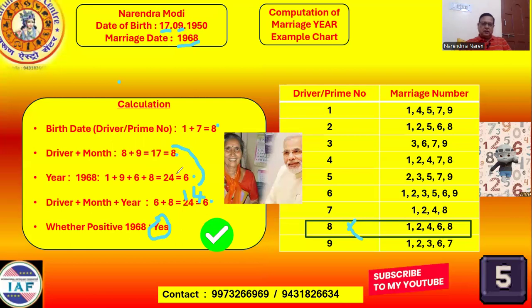When 1968 is added, we are getting 6. When we add these numbers together, 8 plus 6 is 14, which becomes 5, and this 5 is not appearing against 8. So this is not perfect. The formula does not suit here. Let us see another chart.